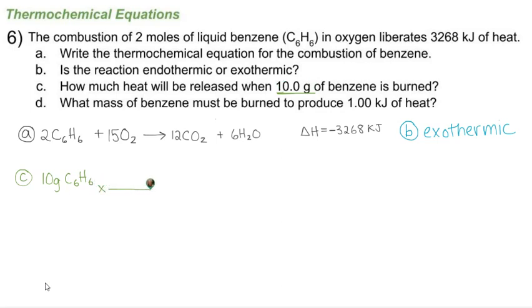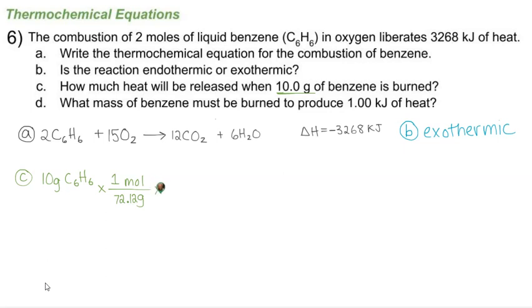We're going from grams to moles. And 1 mole of benzene, C6H6, 6 times 12 plus 6 gives me a mass of about 72.12 grams per mole, if we use the exact masses.